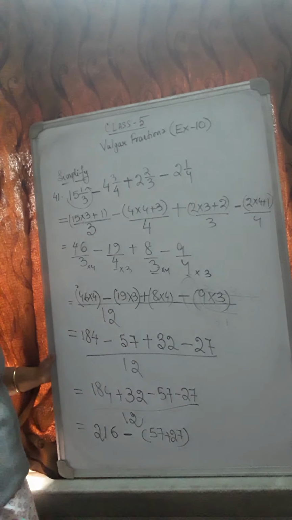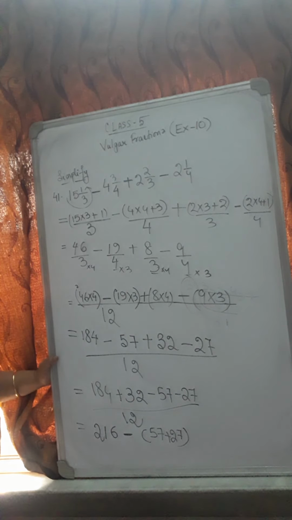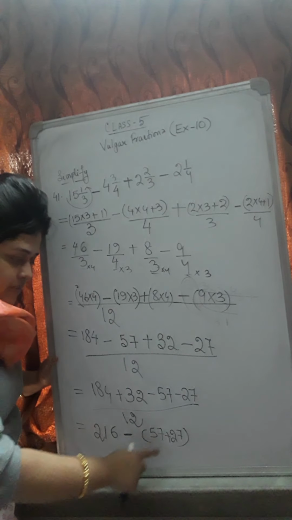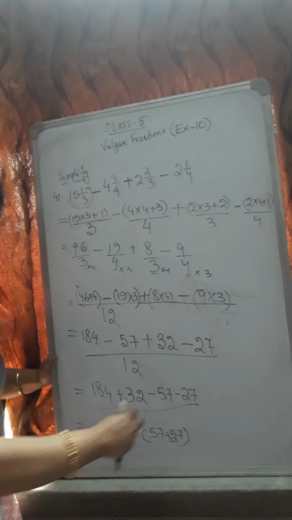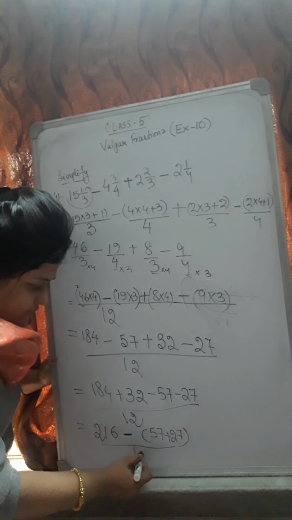Why we are doing it? We will subtract both the numbers. So instead of doing the step twice, we are writing only one subtraction, and under the bracket what we need to subtract? The added value of these two numbers by 12.